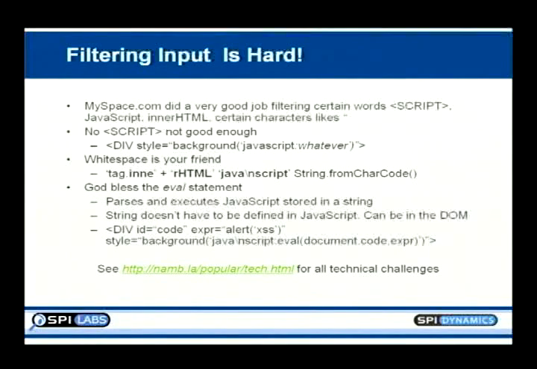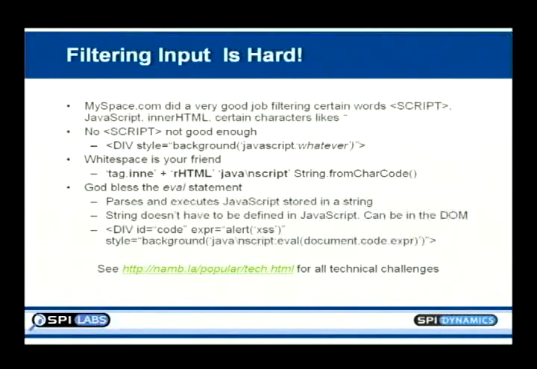So all this JavaScript that's inside wouldn't be able to have any quotes. So what he did is instead move the payload out of the background style, and he just said background is JavaScript: eval, and then document.code, go grab the div element, specifically the expression attribute, and then execute that, which was really quite neat.